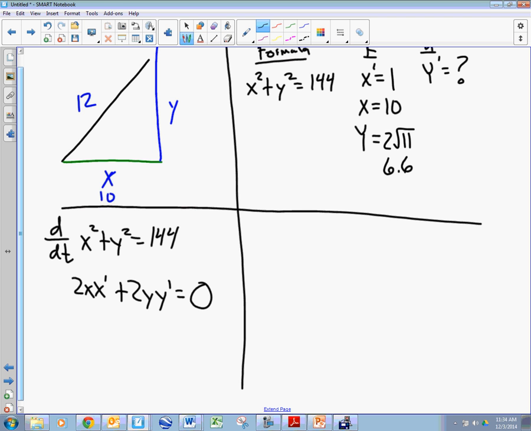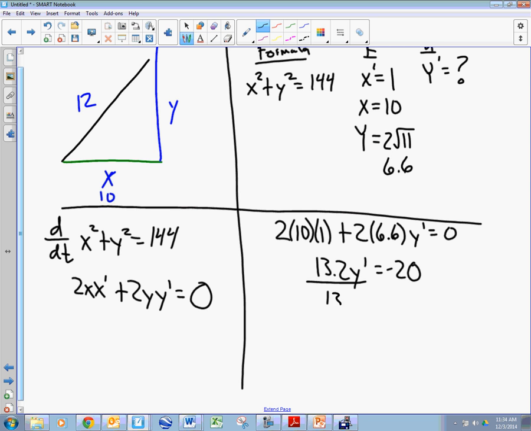So that's correct. So I have 2 times 10 times 1 plus 2 times 6.6 times y prime is equal to 0. Or 13.2 y prime is equal to negative 20. Divide by 13.2.